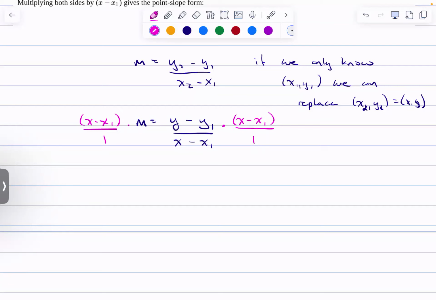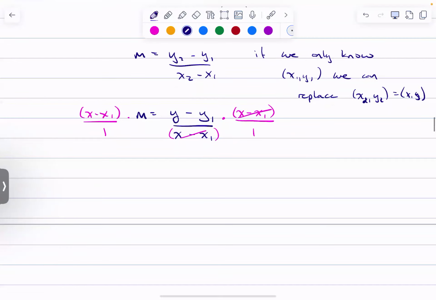Why did I do that? As long as I do it to both sides of the equal sign, equality remains, right? And so the reason I did it is because now if I treat this as one thing, x minus x1, then I can cancel them just like we did earlier. So now I have x minus x1 times m.